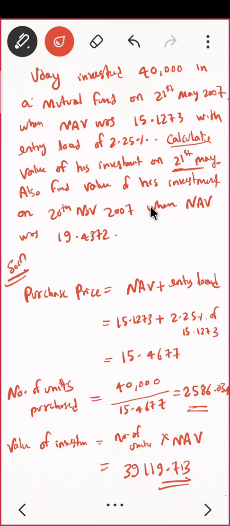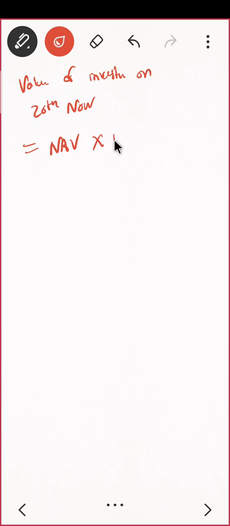Now also we want to find something else. Also find the value of his investment on 20th November, when NAV is this. Okay, so how will you calculate? Same thing. Value of investment on 20th November, what will be that? So formula is NAV multiplied by number of units. What is NAV on that day, 20 November?